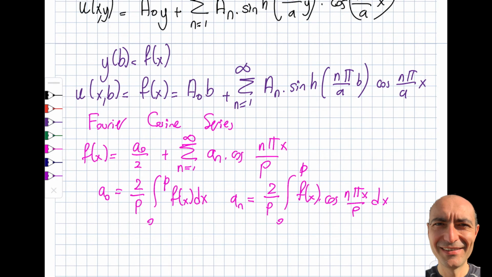My goal is to look into this, this equal to that, right? So you can see an a0 is here, so I'm going to equate this to here to find it as a function of f of x.